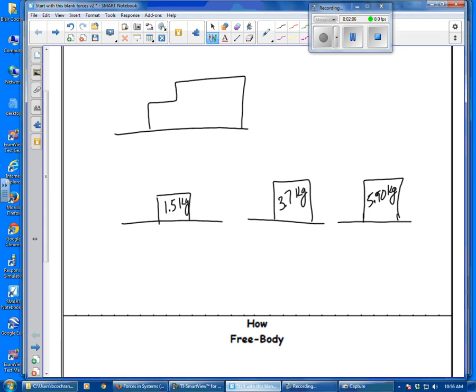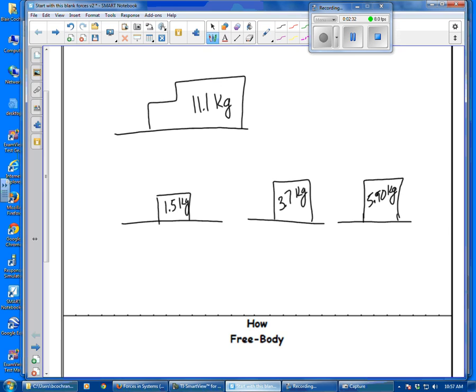If I combine those, I get, let's see, 5.2, 10, 11.1. So my system is 11.1 kilograms. Make sure that I did that right. 5.2, 1.5, 5.2. 5 is 10.2 plus 0.9, okay.